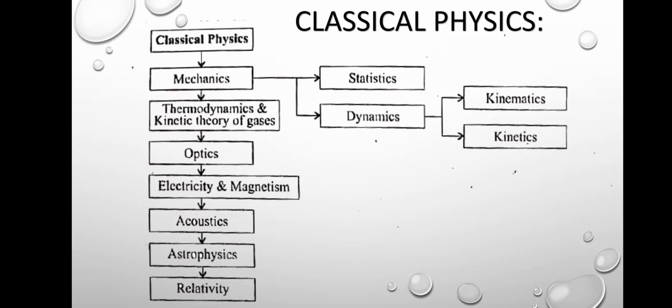Optics, lens, light, all of that. Electricity and magnetism, acoustics, sound comes under it. Astrophysics comes under it, and relativity comes under it. Then in mechanics you have statics and dynamics, and in dynamics you have kinematics and kinetics. So all these are different branches of classical physics.